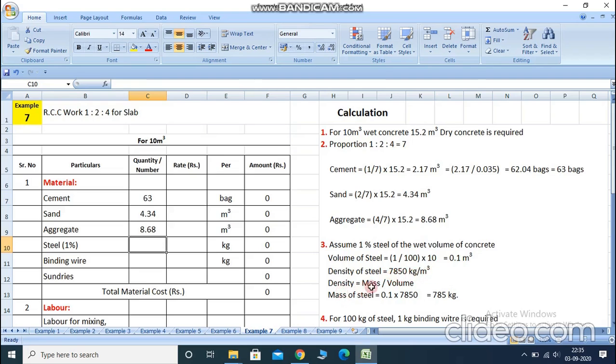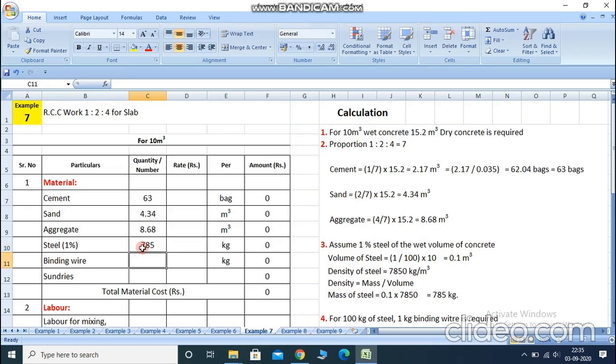So density is equal to m by v, mass upon volume. So mass of the steel is density multiplied by volume: 7,850 multiplied by 0.1. So the quantity of steel required is 785 kg. So write here 785 kg.